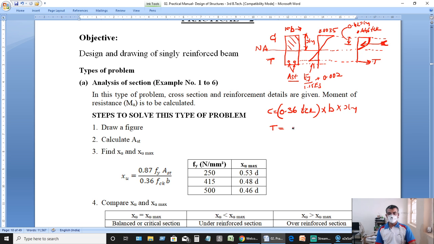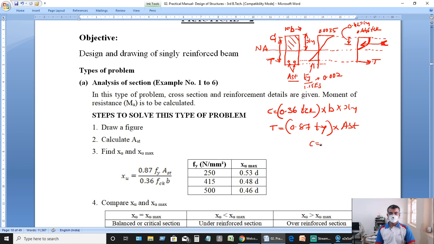Similarly, T is 0.87 into Fy, the yield strength, into the area, that is AST.